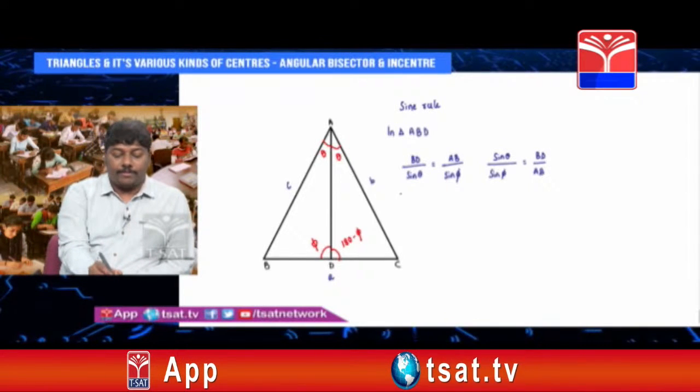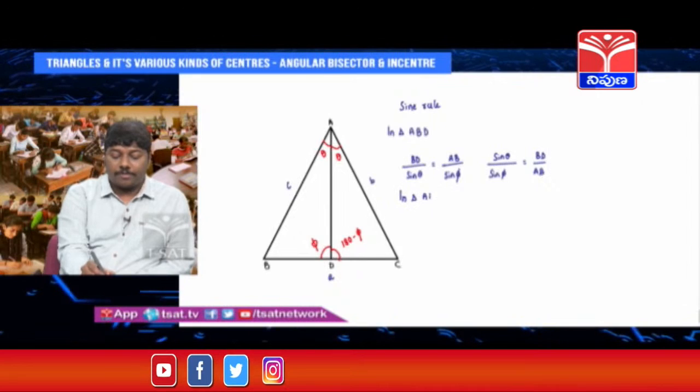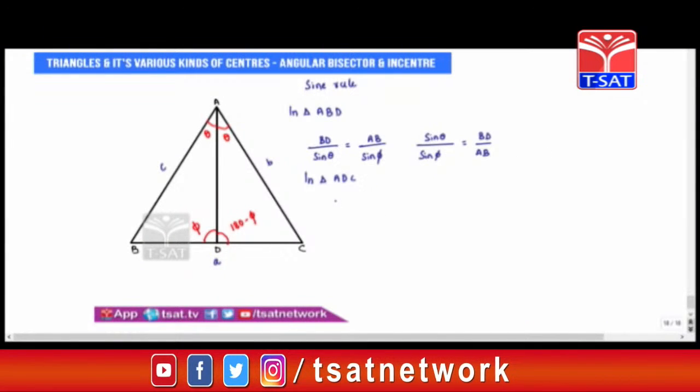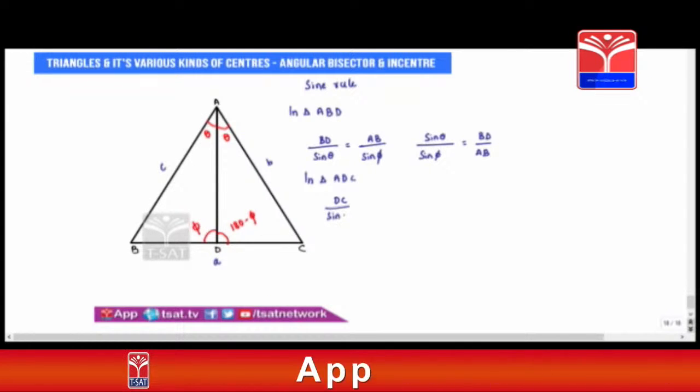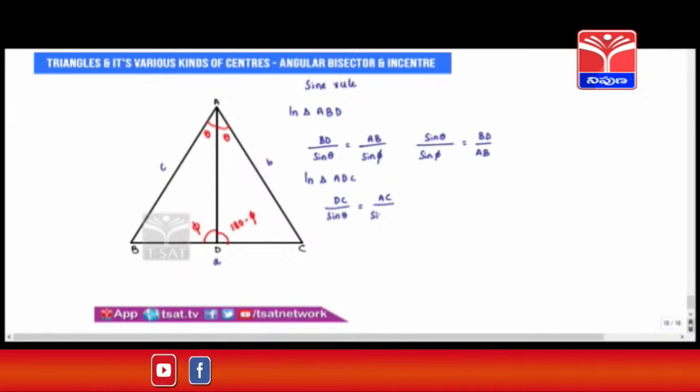So, consider triangle ADC. Side DC is opposite to sine theta, therefore DC by sin theta is equal to 180 minus phi, and the side opposite to that is AC, AC by sin(180 minus phi).